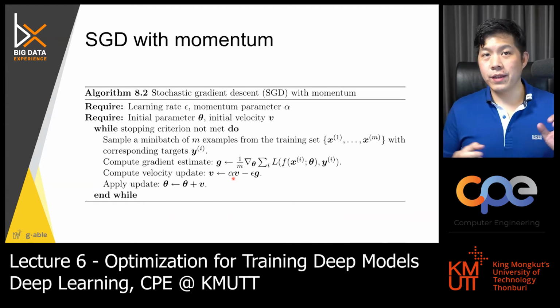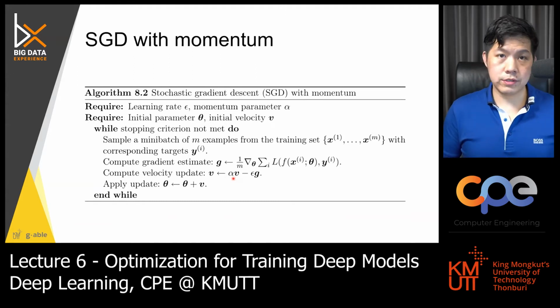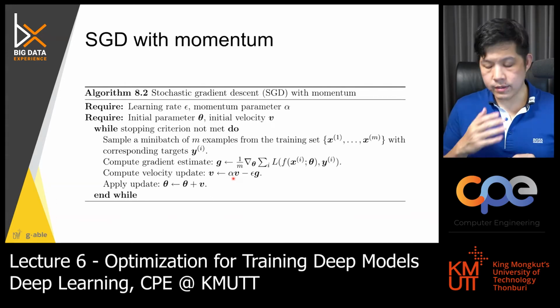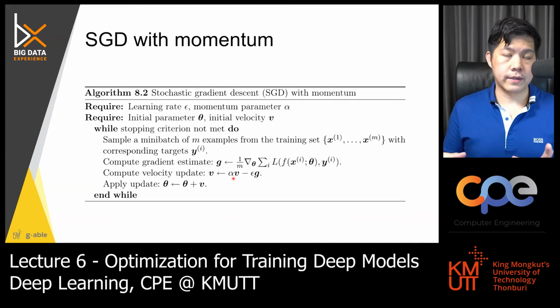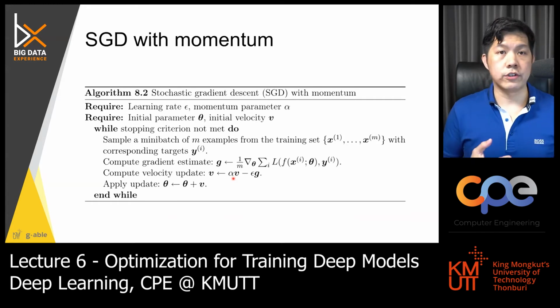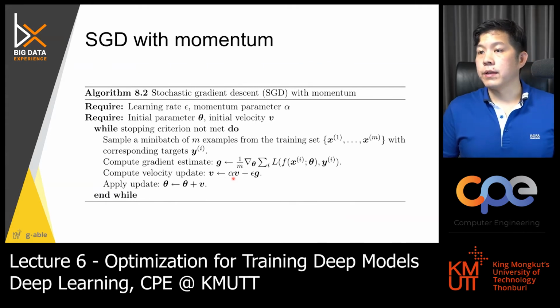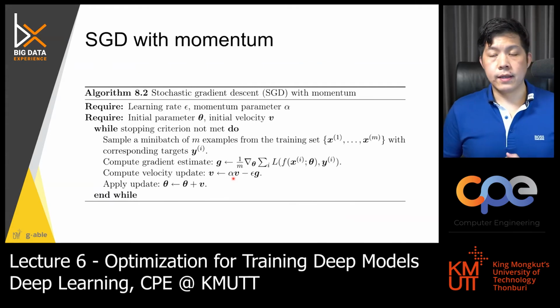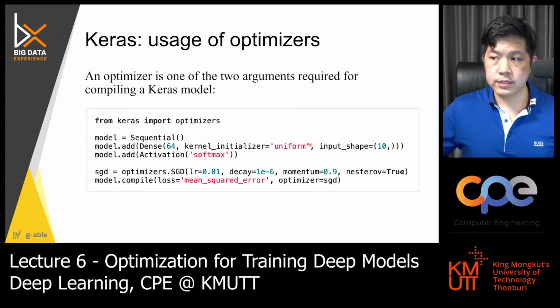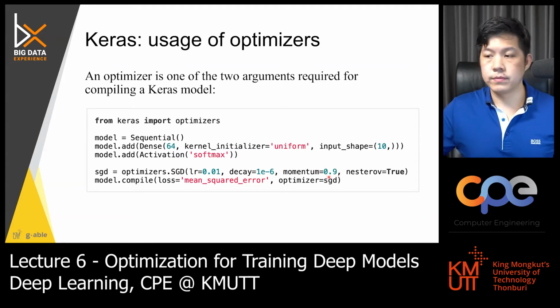If you are familiar with exponential smoothing, the technique to smooth a curve, this is practically the same thing, because the gradient just works as an adjustment to the velocity, and then we use the velocity to drive the change in the parameters instead. This is the concept of momentum in stochastic gradient descent, and you can see it in this simple implementation. Just specify the momentum parameter alpha, which means how much you want to keep the previous value.